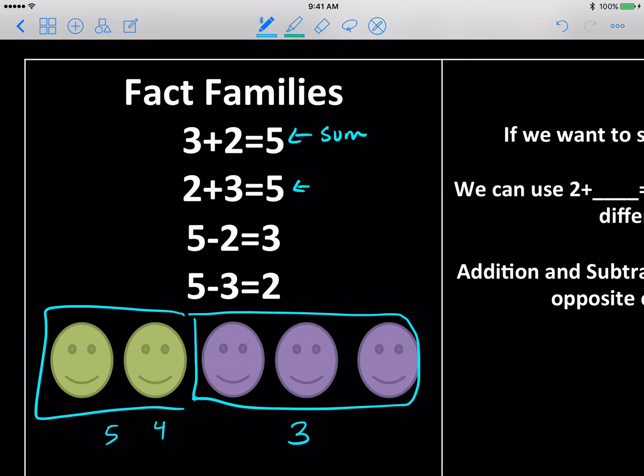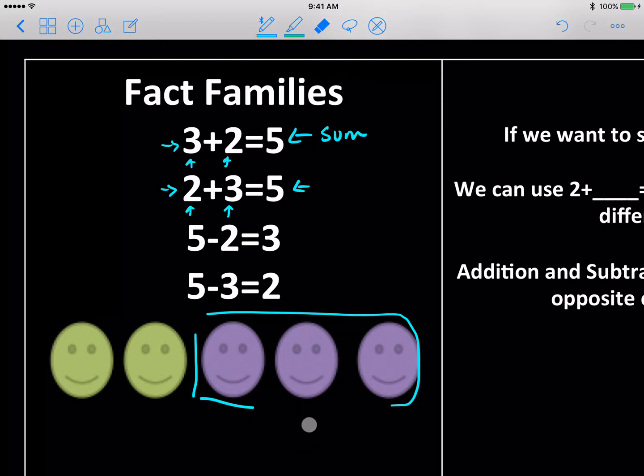The turnaround fact, because in addition, it doesn't matter which order the numbers that you add together are in. In subtraction, it does matter, but in addition, it doesn't matter which order it goes in. It could be 3 plus 2 or 2 plus 3. They both equal 5.